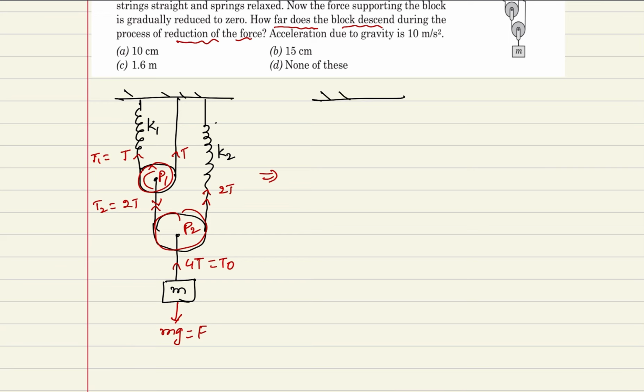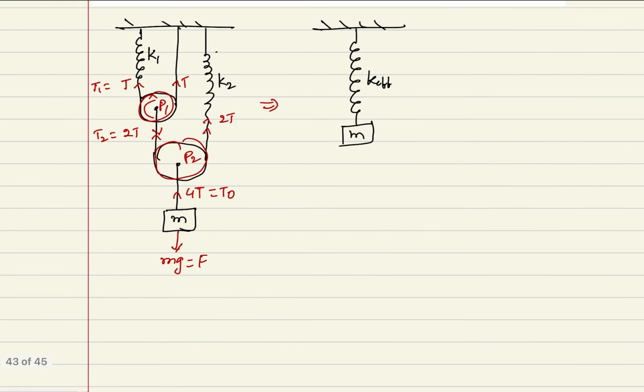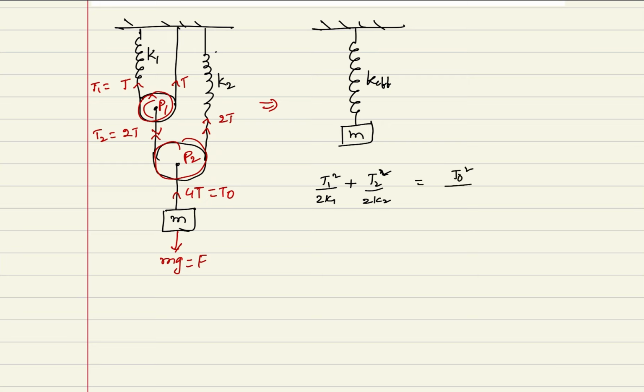We can write it like this: a single spring having K effective connected to a block of mass M. I am using our general process. What is our process? T1 square by 2K1 plus T2 square divided by 2K2. Two springs are there, and T0 square divided by 2K effective.